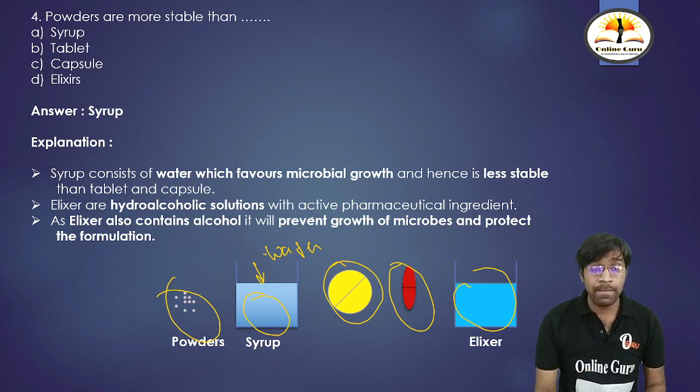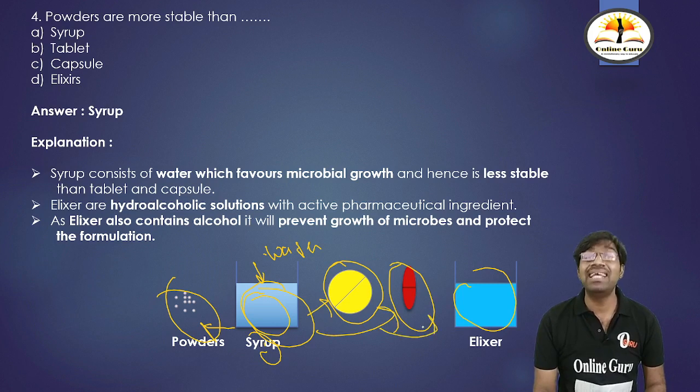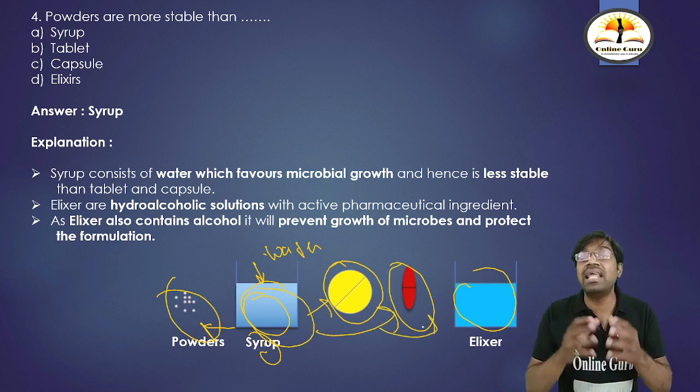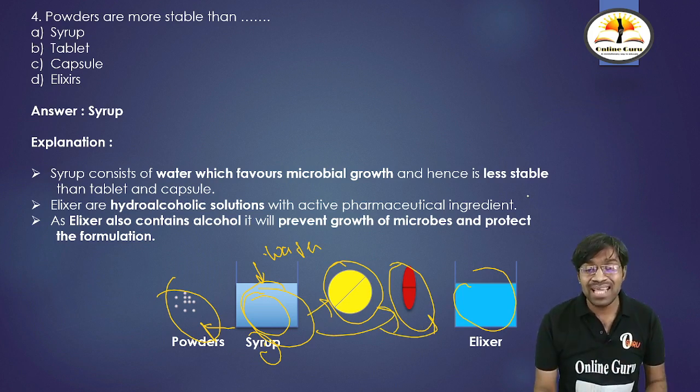Hence, syrup, a liquid formulation, is not stable as compared with powders, tablets and capsules. But what about elixir? It is also a liquid formulation, but still it is more stable than syrup. Why is it so? Because elixir, along with water, will also contain alcohol.